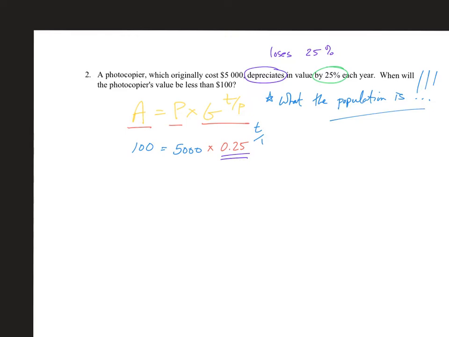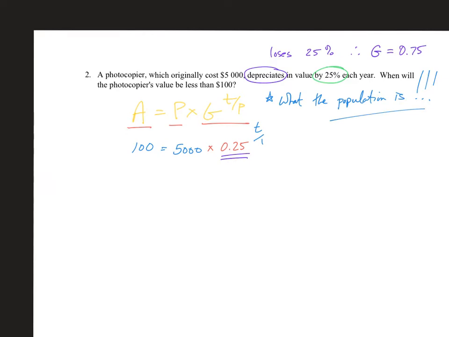This relationship represents what the population is, not what it is not. And so I have to make a calculation then that says if I'm going to lose 25% per year, then therefore my growth is actually 75%.